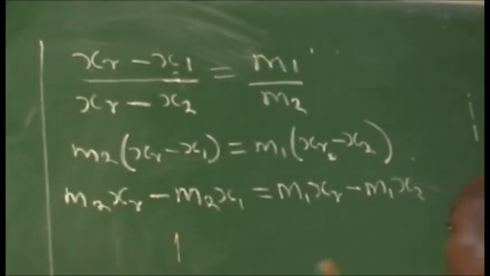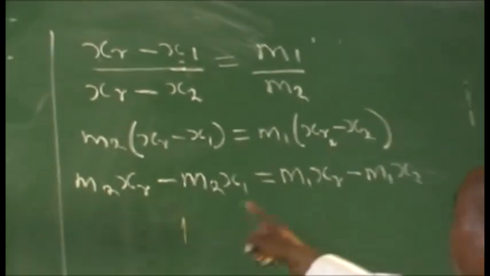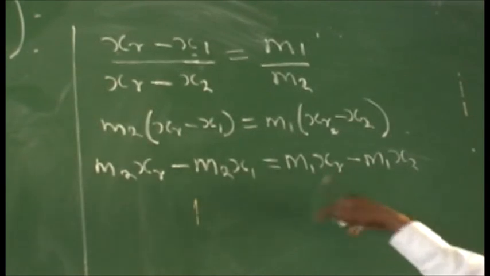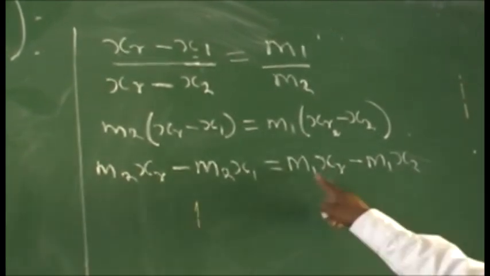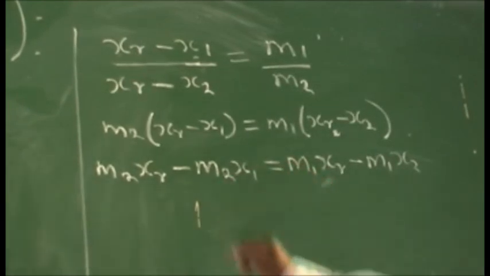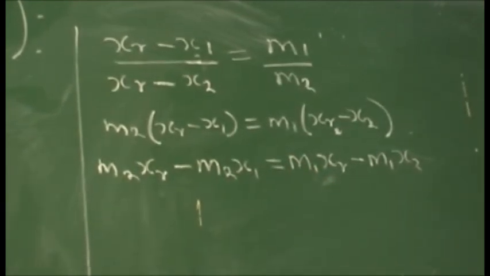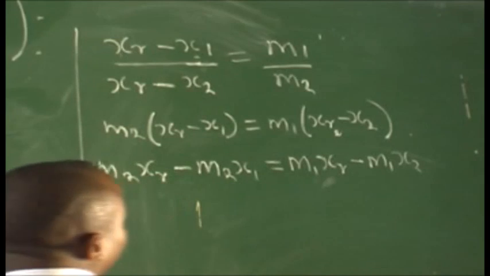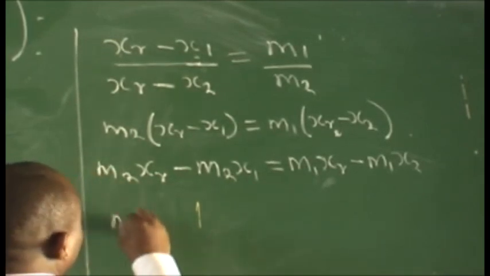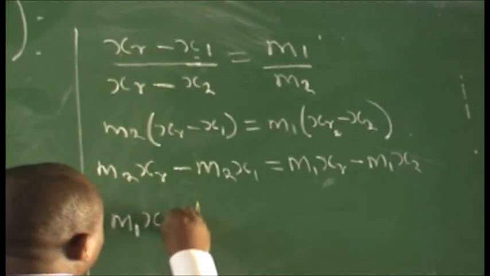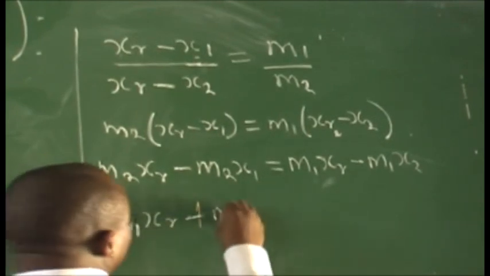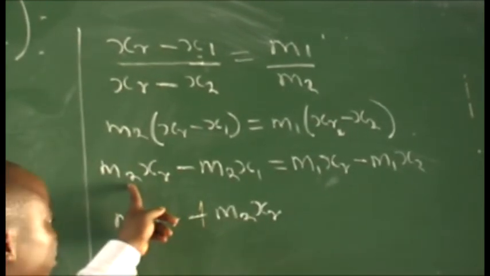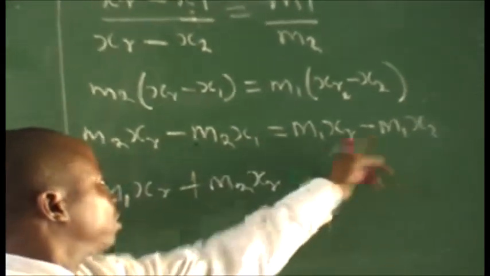So if we collect like terms, we have XR here and XR here. So we will take this to the other side so that we can also bring it to this side. Now, if we do that, see what we will have. We will have M1 XR minus M2 XR. You know what I'm doing? I'm taking this one to that side, so it turns to minus.